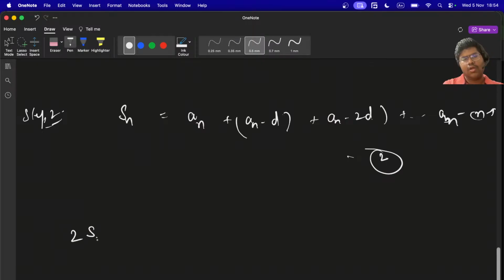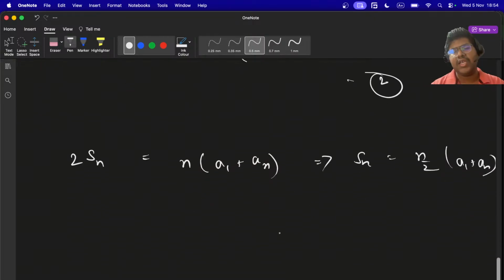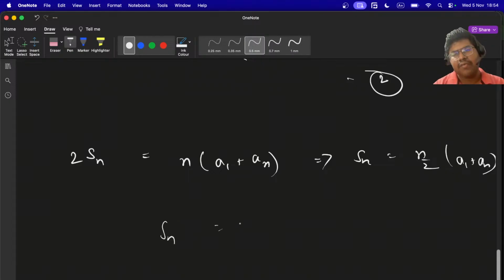So I got twice Sn equals n times a1 plus an, which gives Sn equals n over 2 times a1 plus an. And then we know that an is nothing but a1 plus n minus 1 d. So we can substitute: Sn equals n over 2 times a1 plus a1 plus n minus 1 d.